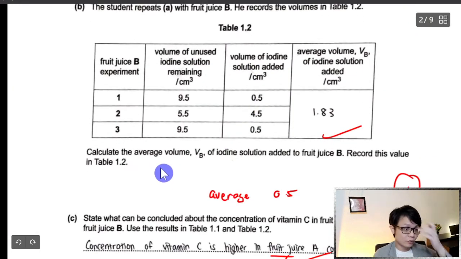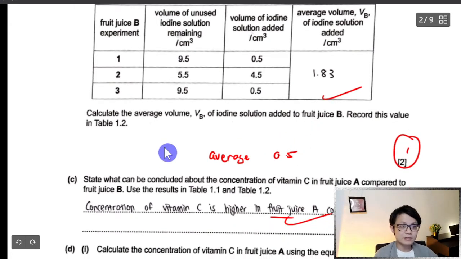Calculate the average volume needed. The student only gets 1 mark for this one. Calculate the average volume of iodine needed for B. The answer is actually 0.5, because they consider 4.5 the anomaly data.